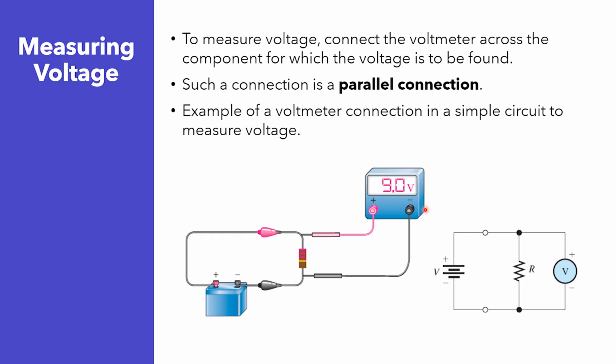Okay, here is the voltmeter. We connect it in parallel to the resistor here. In the schematic diagram, the symbol of the voltmeter is V, and we connect it in parallel with the resistor, the load. This is how we measure the voltage.